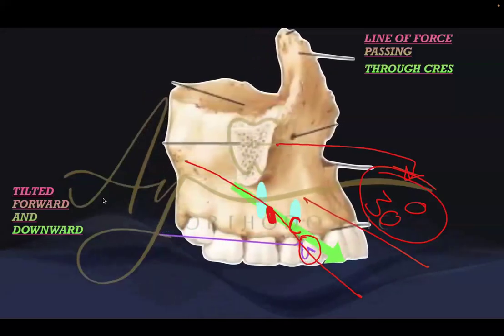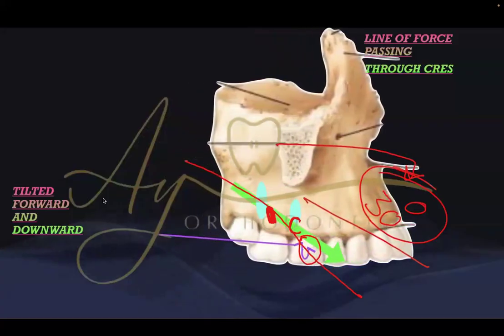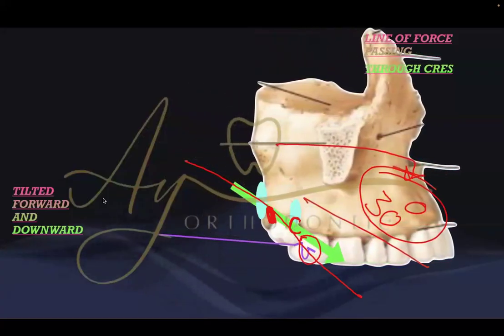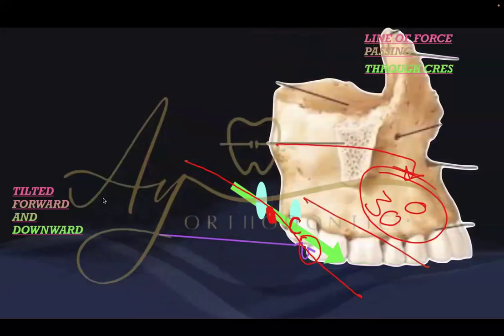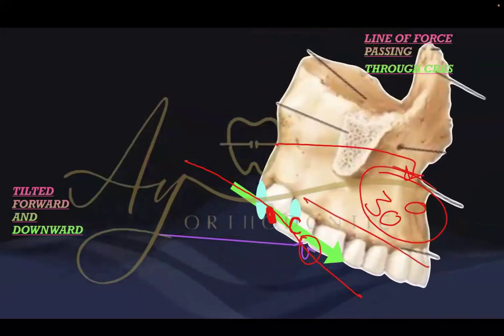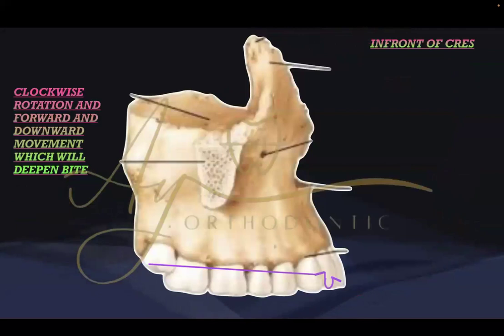More forwards and downwards. Is it clear now? What will happen if I place it in front of the center of resistance? Where is the center of resistance?